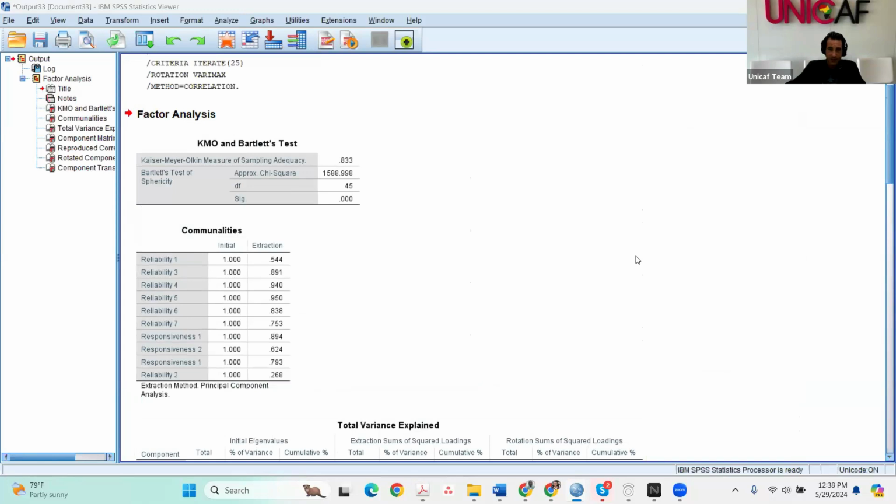The question is, exploratory factor analysis is for quantitative research, and confirmatory factor analysis is for qualitative research. Is that correct? Sorry, that is incorrect. Confirmatory factor analysis is still for quantitative research. Confirmatory factor analysis is when you are testing hypotheses.